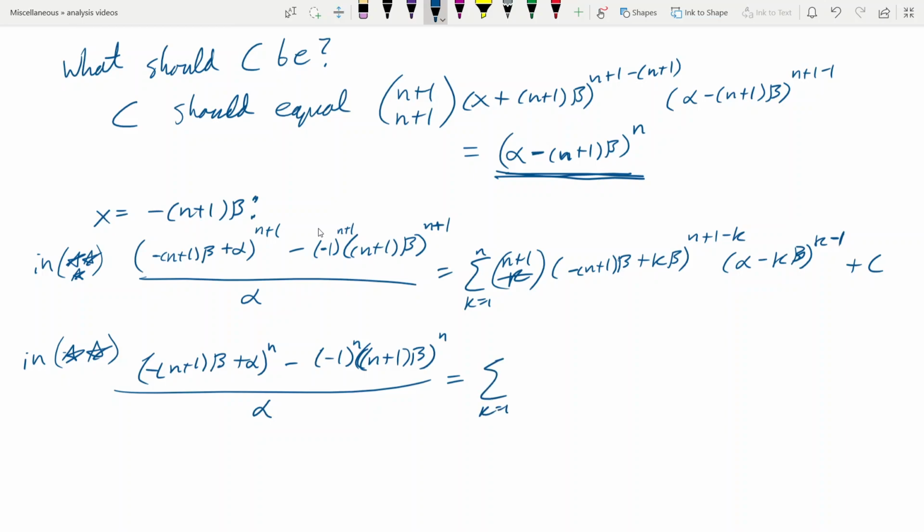And then for the rest of it, we're going from k equals 1 to n, n choose k, negative 1 to the, I'm sorry, this to the n minus k times alpha minus k beta, k minus 1. And on this one, there is no plus c.